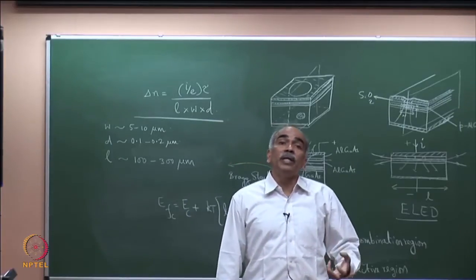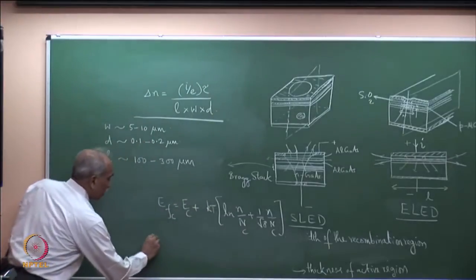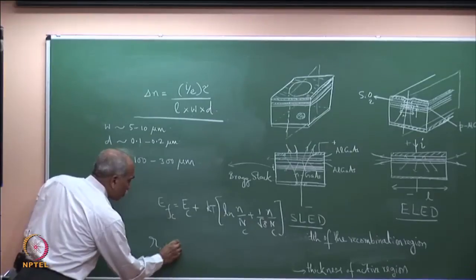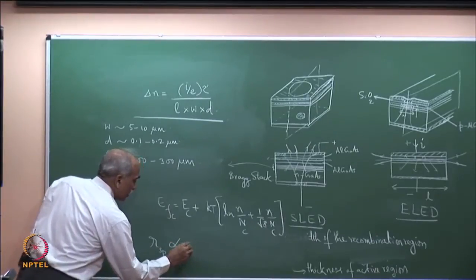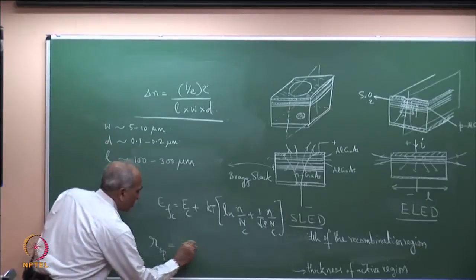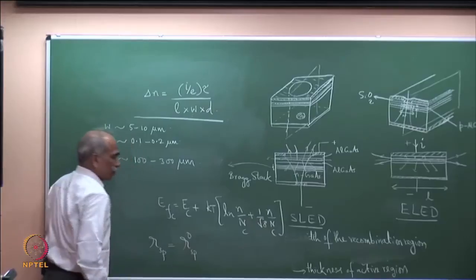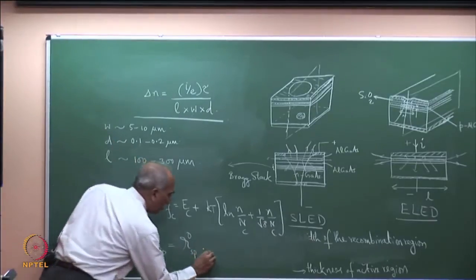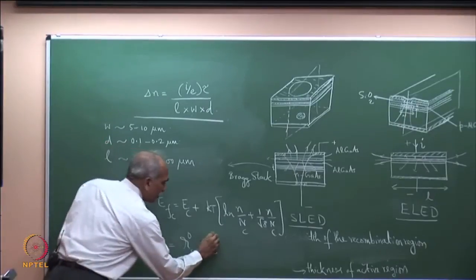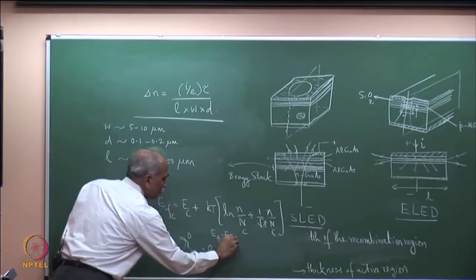Because the probability of emission would go up. The rate of spontaneous emission depends on R_sp at 0, that is thermal equilibrium, multiplied by e to the power of (EFC minus EFV) by KT.